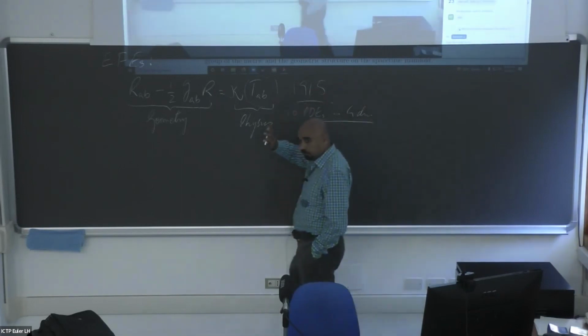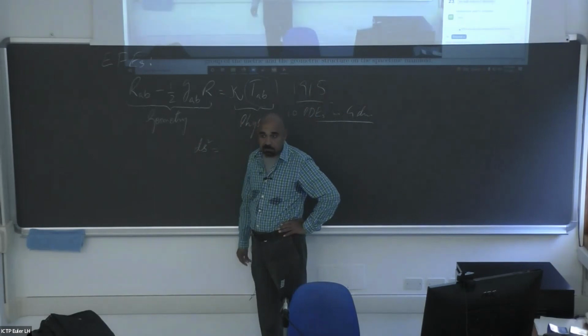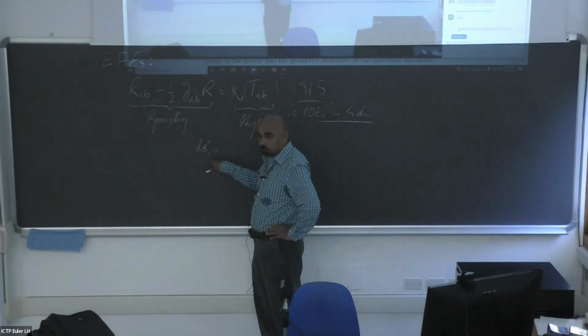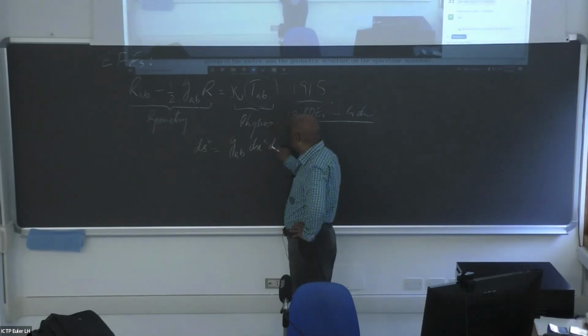What do we mean by the solution of these equations? By the solution, we mean that we are interested in finding the square of the line element. In the most general Riemannian terms, this is called the Riemannian metric, written as g_ab dx^a dx^b.